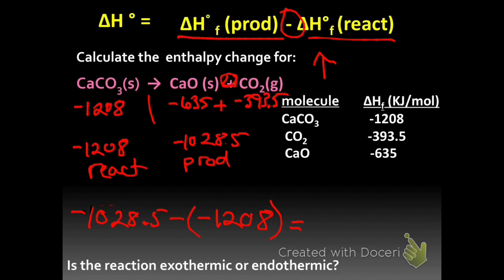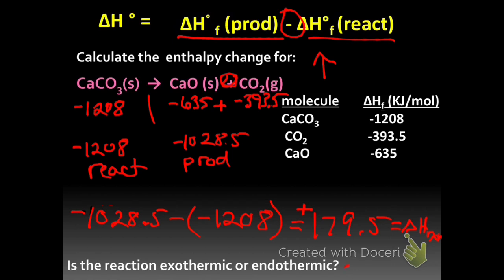And so our total was 179.5, and that is a positive value. So our total heat of the reaction, HRXN, was a positive value. That means the reaction would be endothermic.